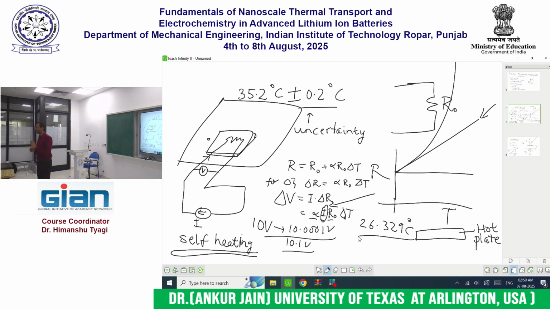If somebody is claiming to me that he or she measured the temperature to be 26.329 degrees C, then please show me how you're so confident as to go up to the third decimal. Maybe you are, but I need to see. Before I'm convinced that the temperature was as accurate as that, I need to see evidence that it can indeed be measured that accurately.